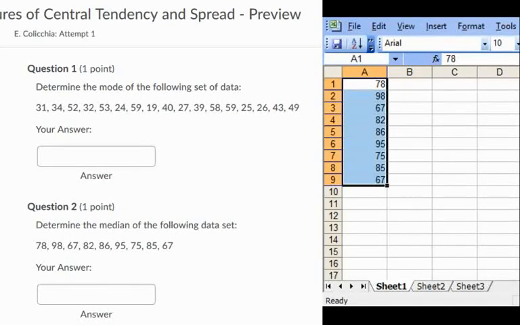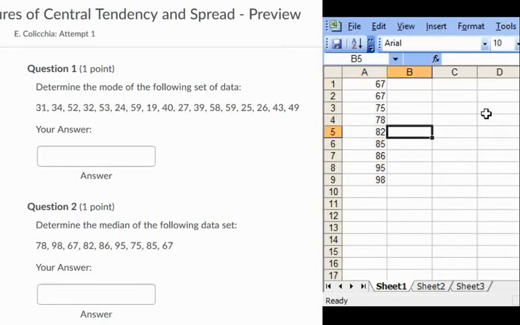And you'll want to sort this data. When we sort the data, we now have it in order from the lowest to the largest. The median will be the number in the middle, so it'll be this 82 right here, because there are 4 numbers before that and 4 numbers after that.